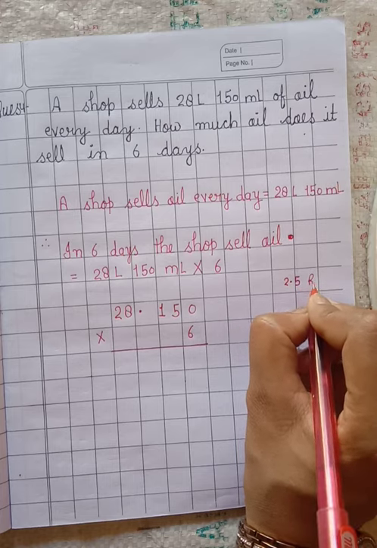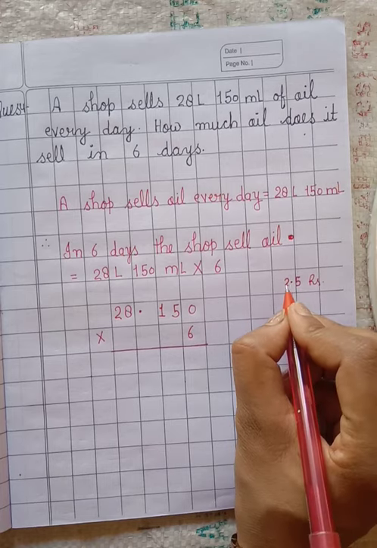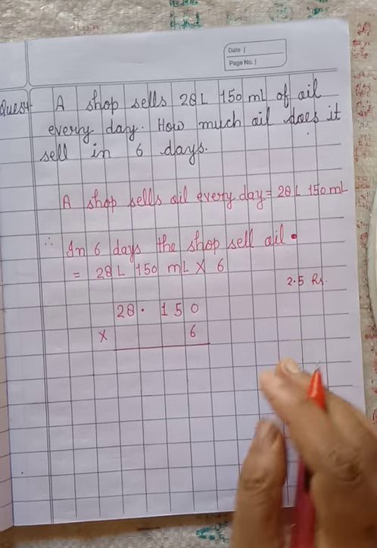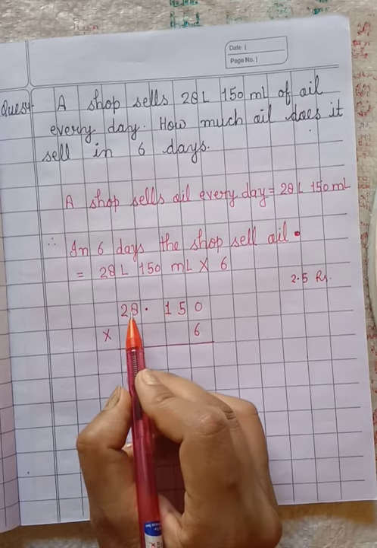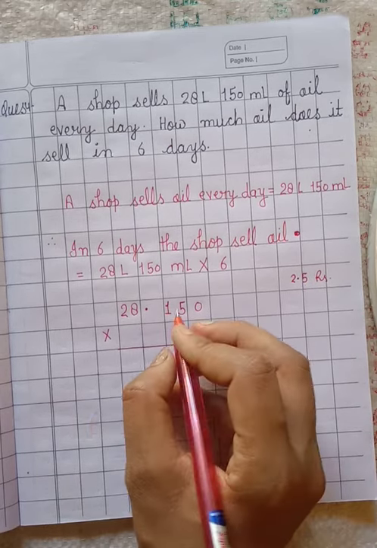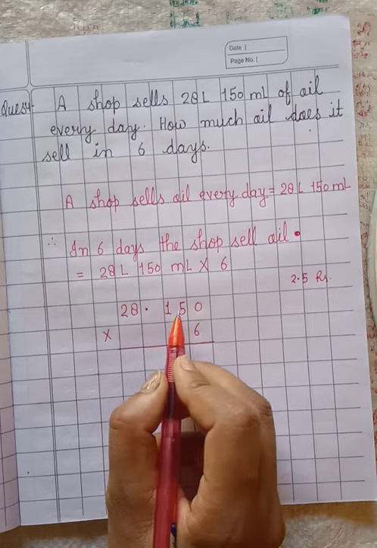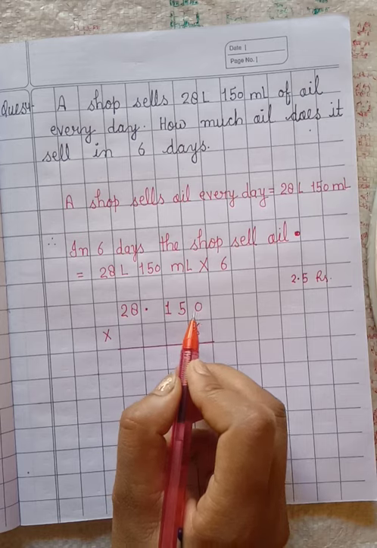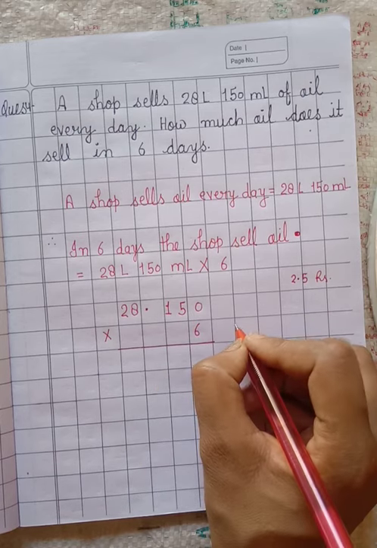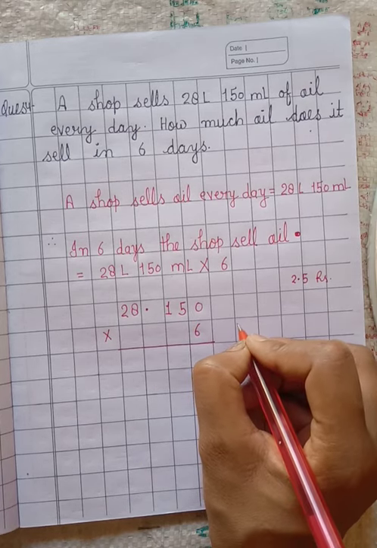Okay, और हम इसको क्या read करेंगे, 2 rupees and 5 paise. In the same way we will read it as 28.150. Okay, here you can write a liter.